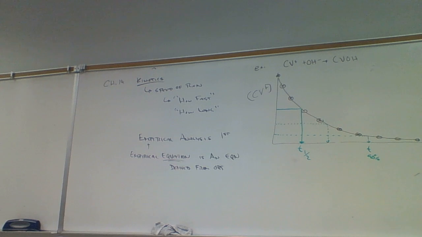So the second time we consume half of it, it takes a little less. And the third time, it takes a little less. And so when we look at this carefully, what happens is if we have a linear curve, then the first T1 half is twice as big as the next one, which is twice as big as the next one. And so each successive T1 half gets cut in half.